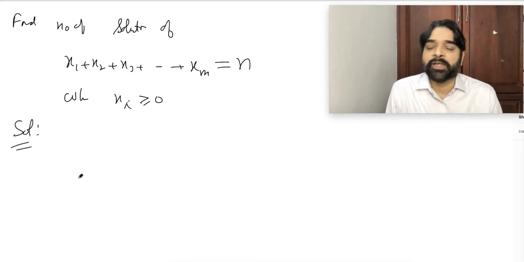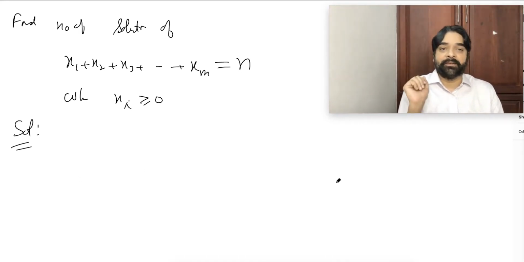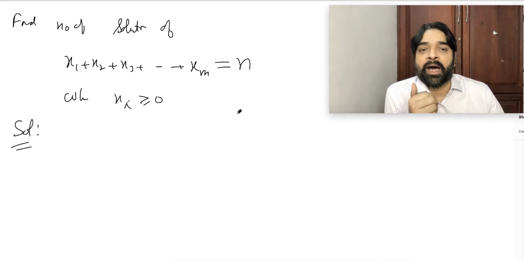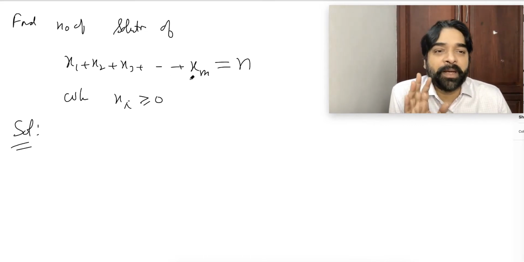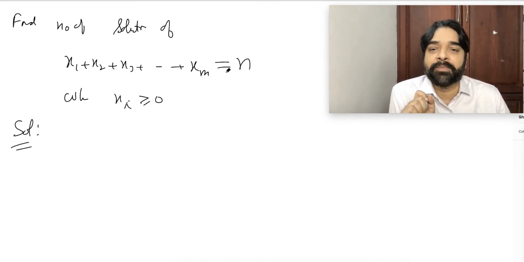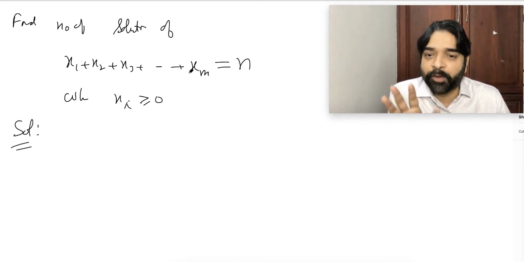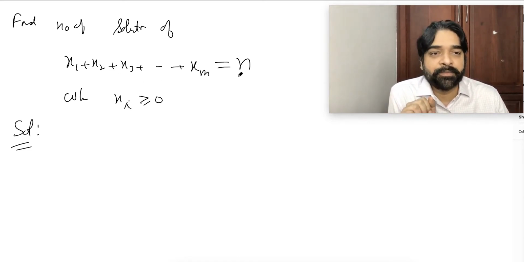Actually, it's not a question, it's a proof which we did already. Try to recall. We did the grouping method: n identical objects into m groups, if empty groups are allowed. You know the answer of this question. We are distributing n identical coins among m people, and empty groups are allowed.